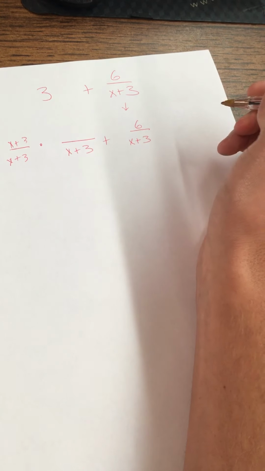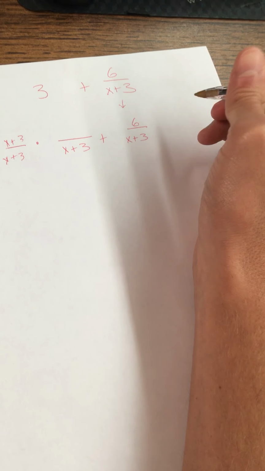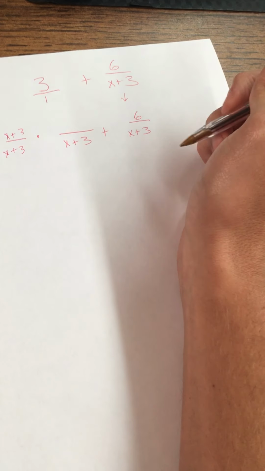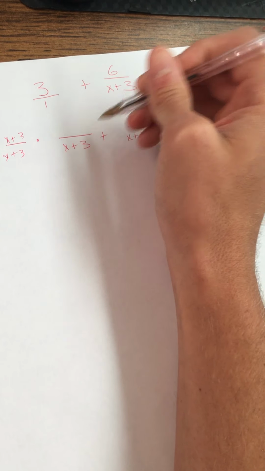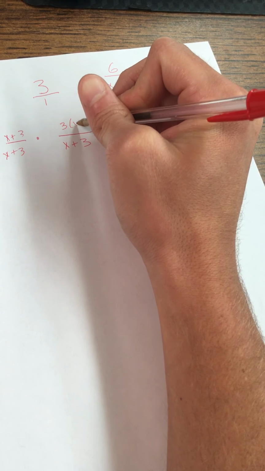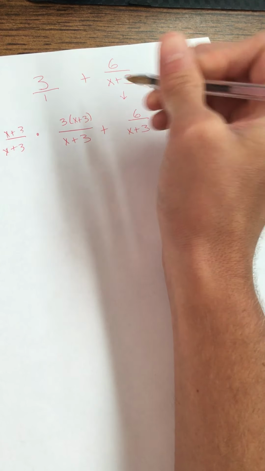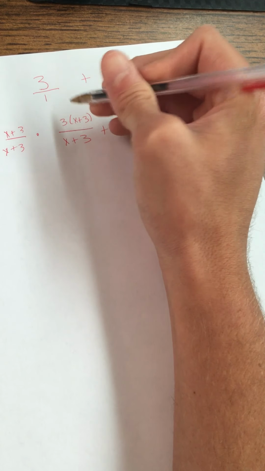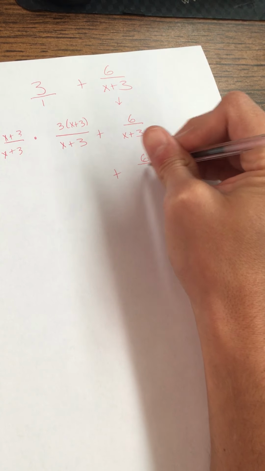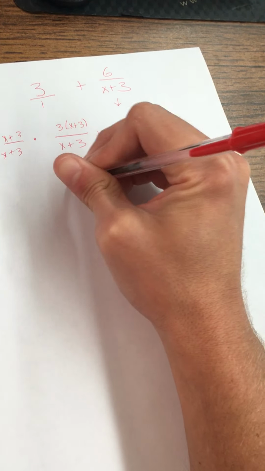That's how we get this x plus 3 here. Well, there was just 1 underneath this 3, right? So x plus 3 automatically goes there. So here, we're going to go 3, because our 3's here. We brought it down, times x plus 3, right? So we got 6 over x plus 3 over x plus 3.